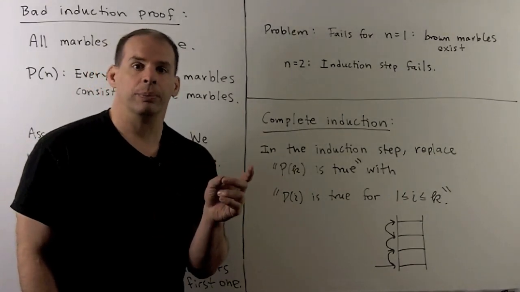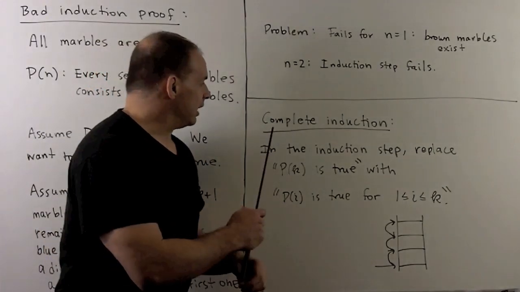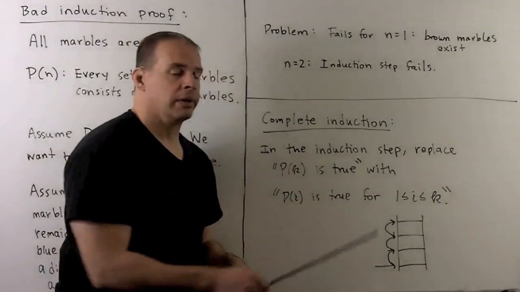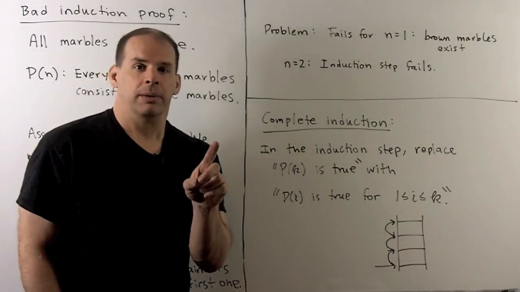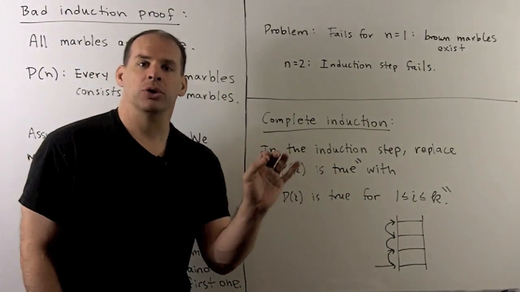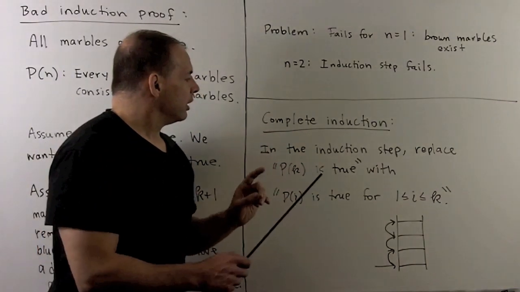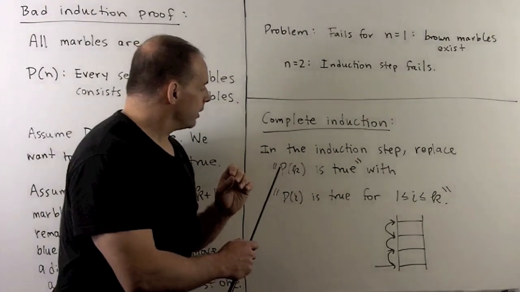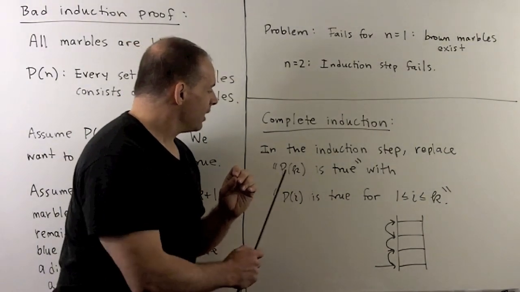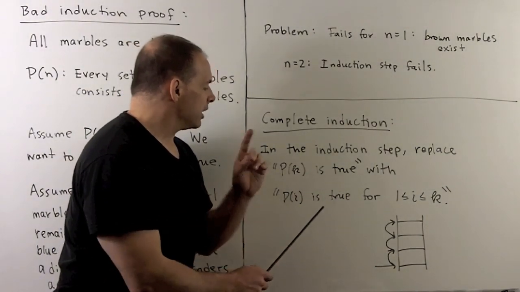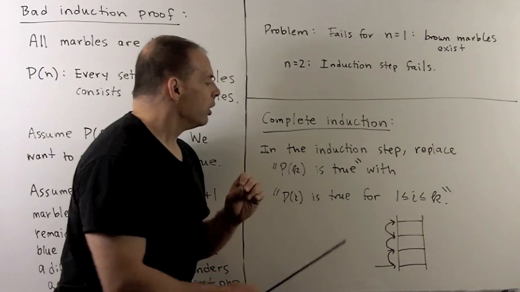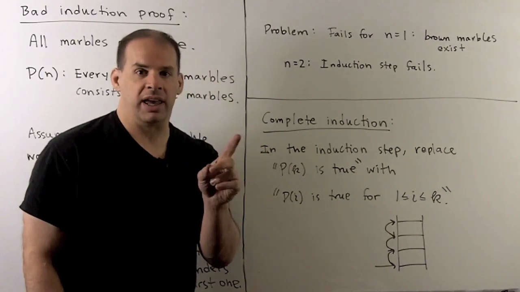As a final note, we point out the technique of complete induction. For this technique, we can prove that this works using induction itself. What this says is, instead of just assuming in your induction hypothesis that P of k is true, you can instead assume that P of i is true for all i between 1 and k.